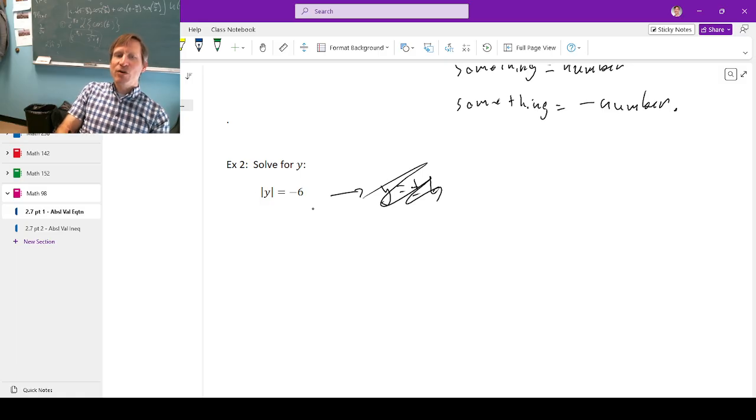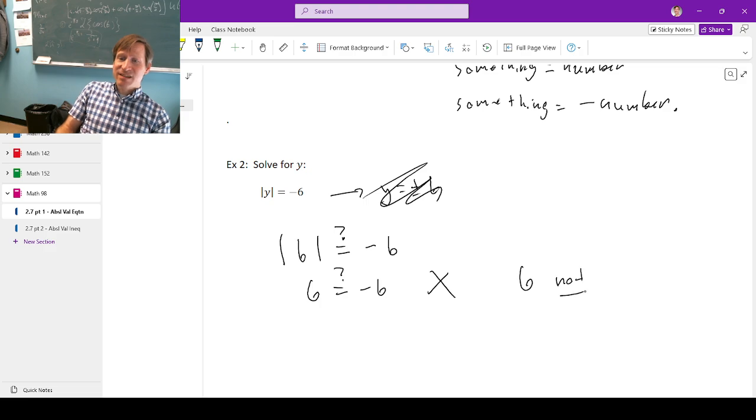Remember, we're looking for numbers that will work when we plug them into this equation. So if you think 6 is a solution, let's check. Is the absolute value of 6 equal to negative 6? Well, the absolute value of 6 is 6. Is 6 equal to negative 6? No. So that means 6 is not a solution.